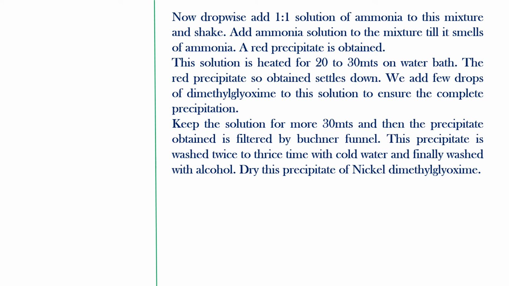The precipitate obtained on the Buchner funnel is washed two to three times with cold water, so that any byproduct or impurity attached to the precipitate can be washed out. Finally, we wash it with alcohol and then dry the precipitate.